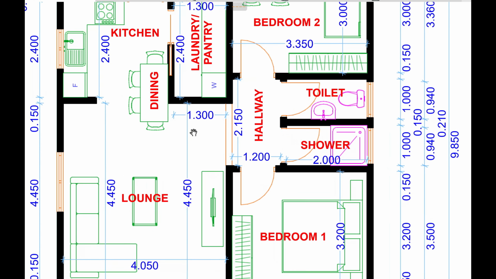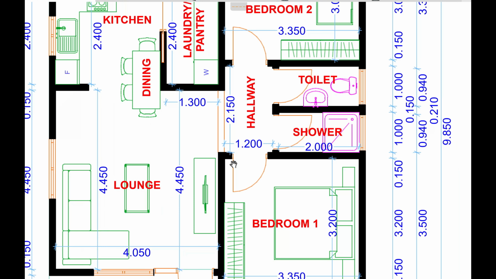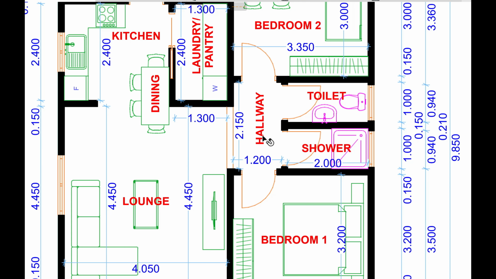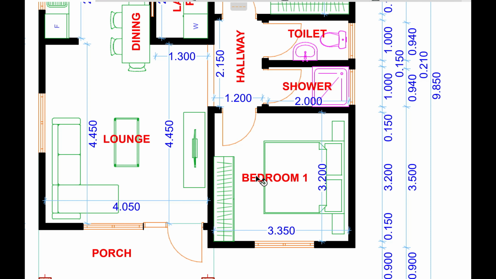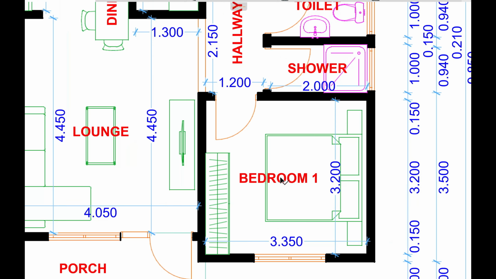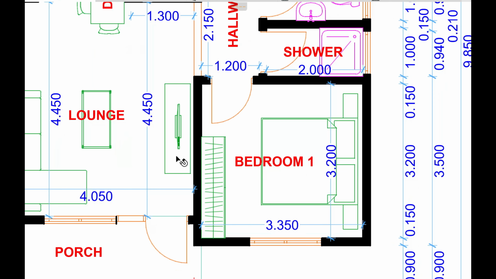And from there, back to the house, the bedrooms are accessed through the hallway. Like here, you come like this, you come to bedroom 1, which is the master bedroom, or you can call it a primary bedroom. And here is where I intend to put the closet.